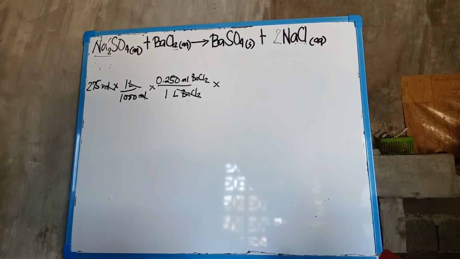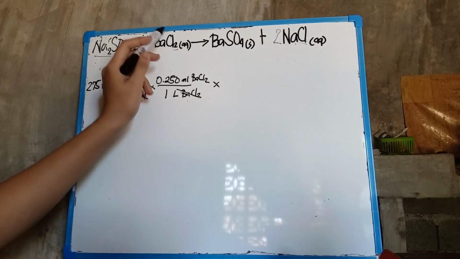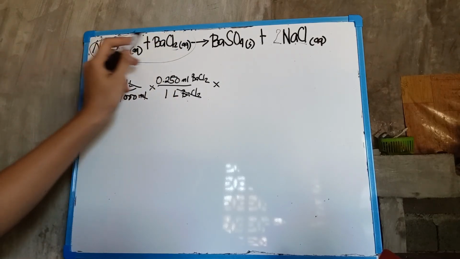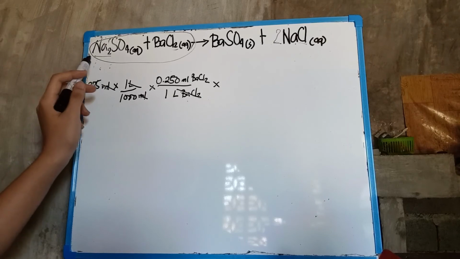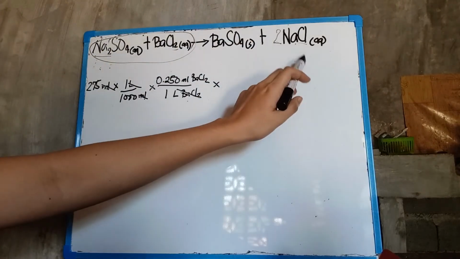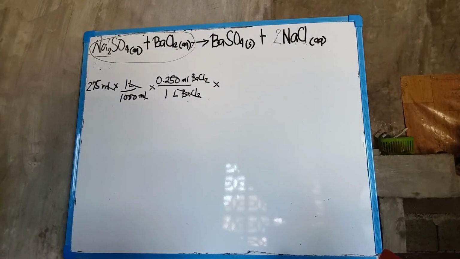Then we proceed to the mole to mole relationship. Always remember that we always use the mole to mole relationship here, depending on what is given in the question. Since what we are looking for in our question is the volume of the sodium sulfate, we can now proceed.